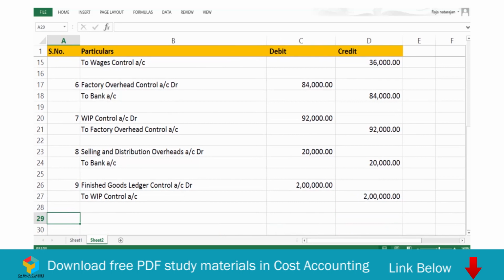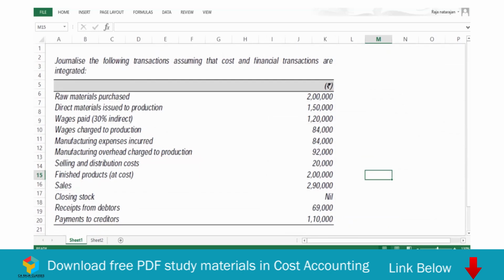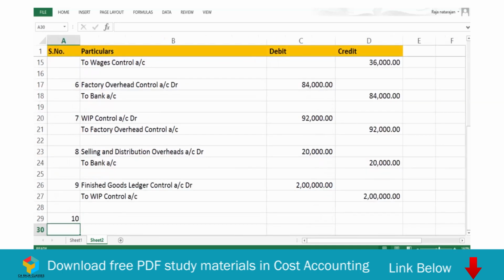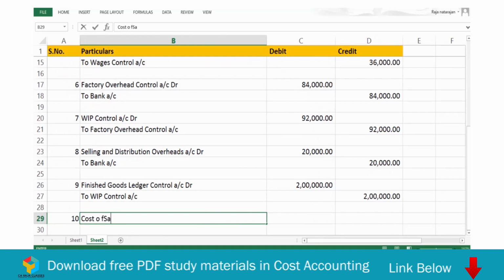Then item number 10, we have sales, which is 2,90,000. But before passing the entry for sale, we have to understand that this finished goods along with this selling and distribution should be transferred to cost of sales. So item number 10, let us debit cost of sales account, and credit should go to two items.